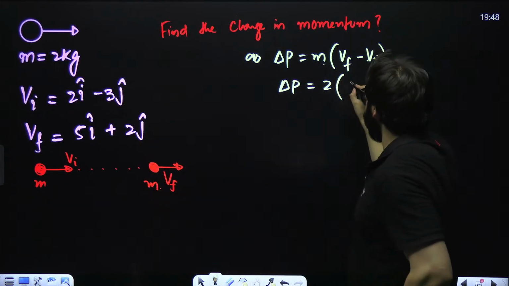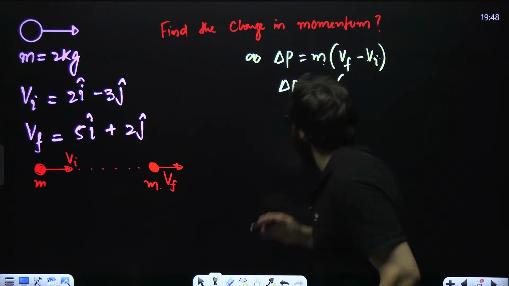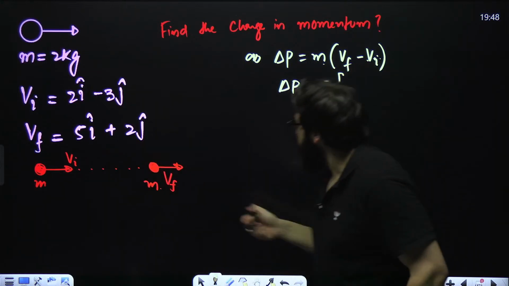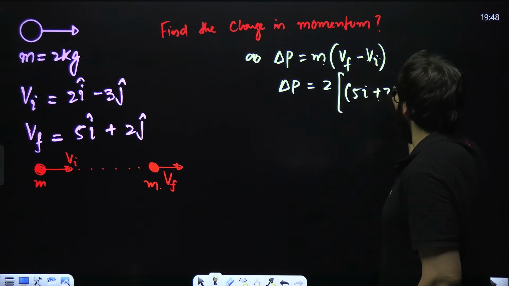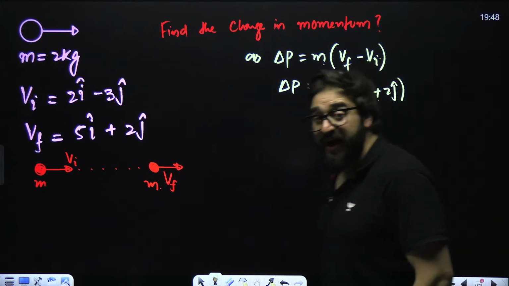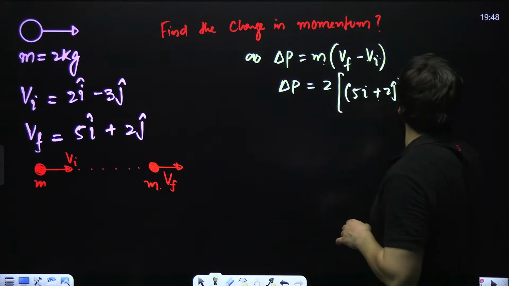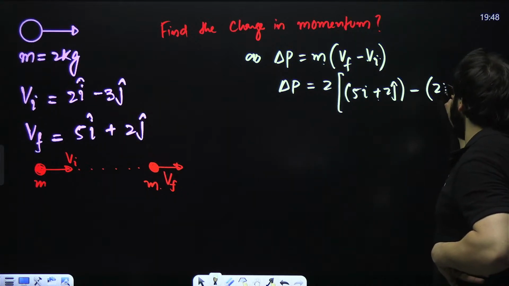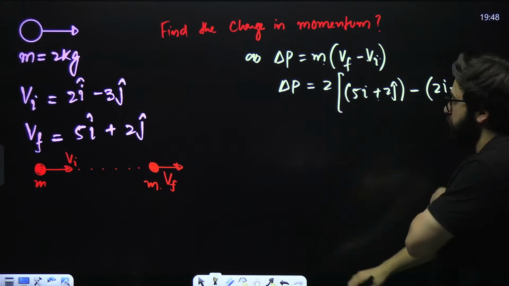Sir, that is in this particular final velocity. What is final velocity over here? Guys, write it something like this. I'll write that as 5i plus 2j. This is the final velocity of the mass. What is the initial velocity? Sir, minus V initial. V initial is 2i minus 3j. This is the initial velocity.